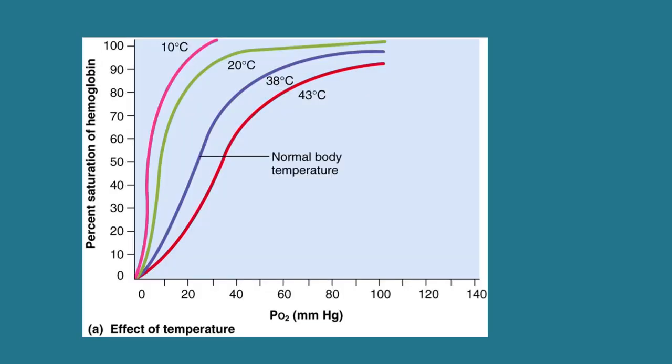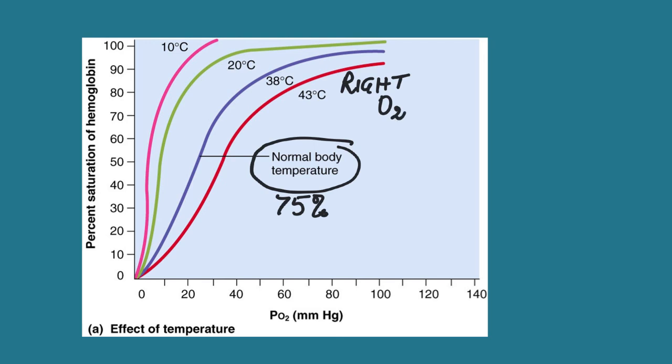So let's look at the next 2 rules that we need to know, and that has to do with the position of these curves. Now look at the normal here. This is the normal body temperature, the blue line that you see here, and that is your 75% saturation that we just talked about. If there is a curve to the right of the normal, then this means that oxygen is being released.